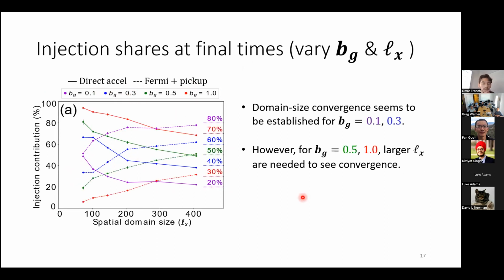However, when we increase the guide field, it seems like we need larger domains to see the convergence. For example, at 1.0, this trend seems to be continuing downwards, and so we would just need a larger domain to see this convergence.